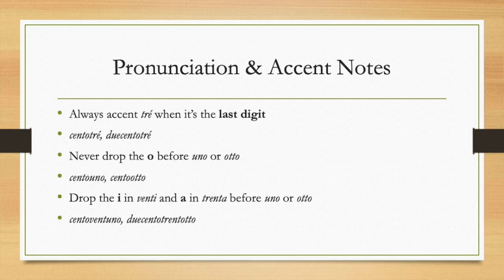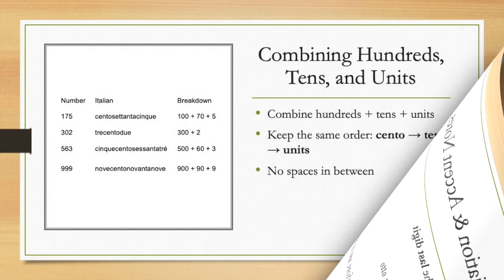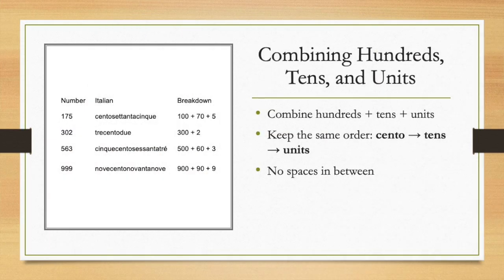There is something else that you must remember now. Never drop the O of cento before uno or otto. So you have to say 101, 108, and they always are written as one word. Remember, Italian numbers flow together without spaces. You always keep this order: hundreds, tens, and then units.